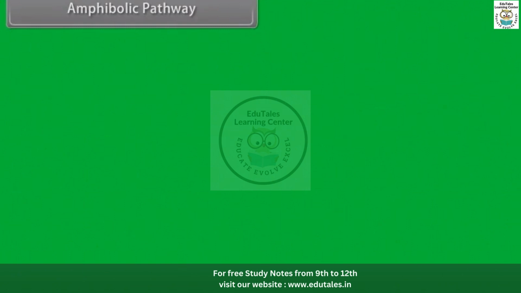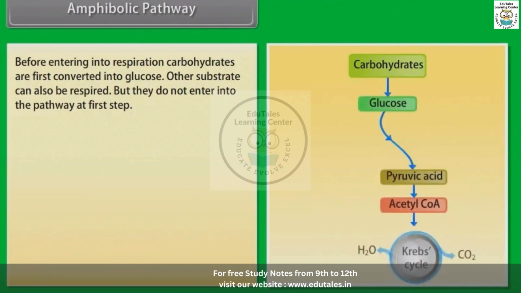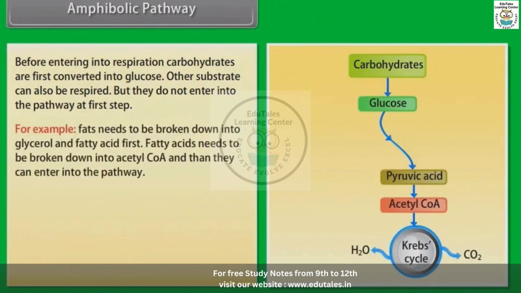Amphibolic pathway. Generally, carbohydrates are used as substrates for respiration. Before entering into respiration, carbohydrates are first converted into glucose. Other substrates can also be respired, but they do not enter the pathway at the first step. For example, fats need to be broken down into glycerol and fatty acids first.